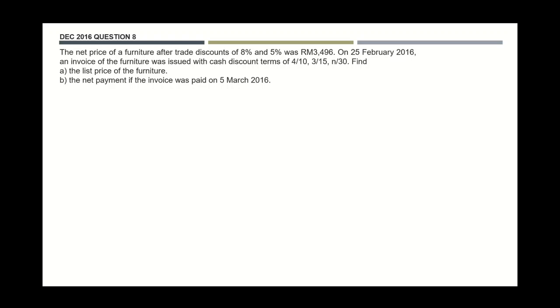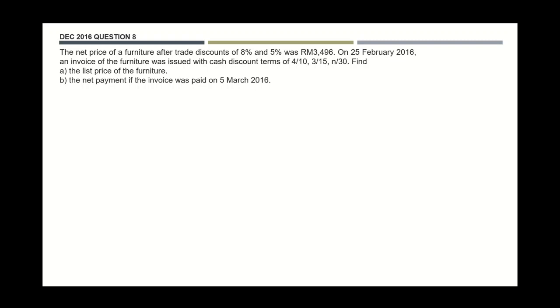On 25th February 2016, an invoice of the furniture was issued with cash discount term of 4/10, 3/15, and n/30. So the question asks you to find the list price of the furniture and then the net payment if the invoice was paid on the 5th March. So the net payment here is simply the same as the amount paid.